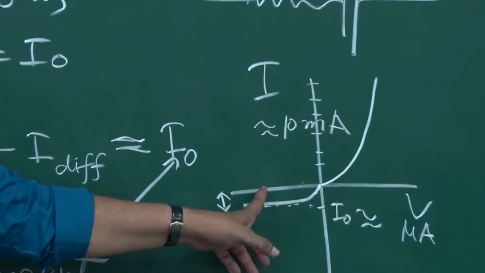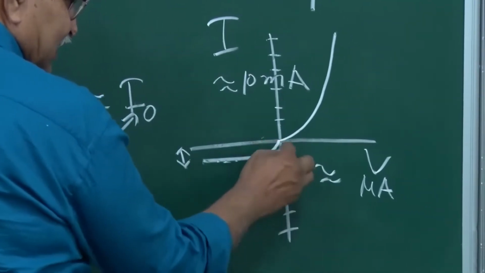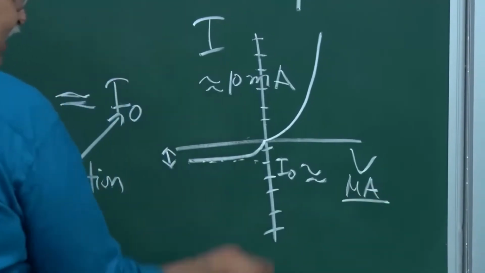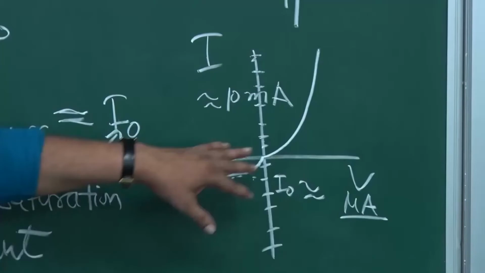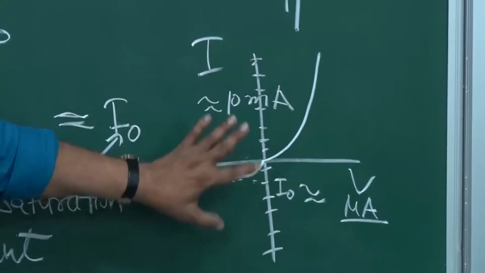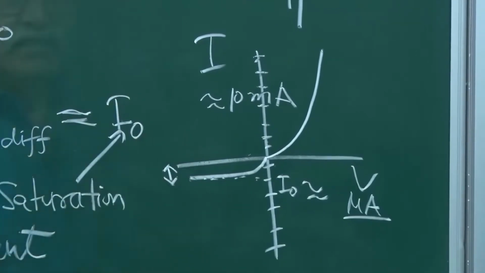So generally what people do is use different scales here. This scale is in microamperes and this scale is in milliamperes, so you have to read it carefully. So this is how this IV characteristic takes place.